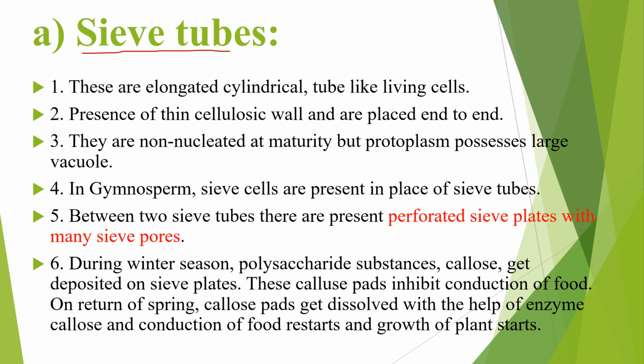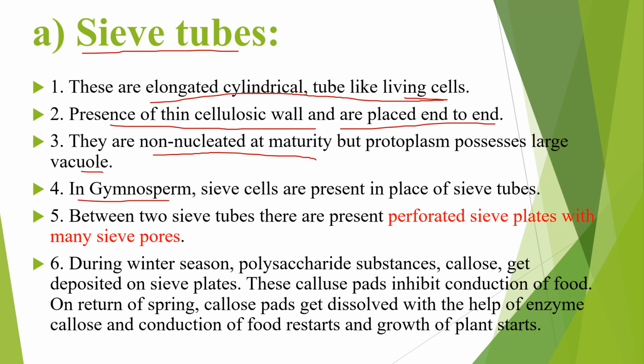At first the sieve tubes, these are elongated, cylindrical and tube-like living cells with a thin cellulosic wall. So cellulose is present in the sieve tube wall, and these are placed end to end. They are non-nucleated at maturity. So when the sieve tubes mature, they lack a nucleus, but the protoplasm possesses large vacuoles.